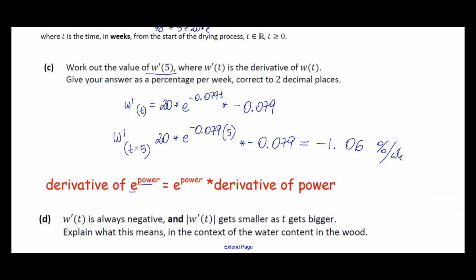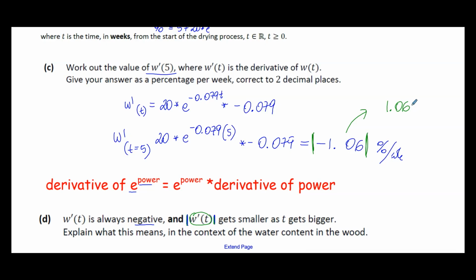Okay, now the next part. The derivative is always negative. Now, okay, let's read and then I will explain. What does that mean? When you take a value of the derivative, it doesn't matter what value, once we put an absolute value bracket around it like this, what we take out of it is a positive number, isn't it?